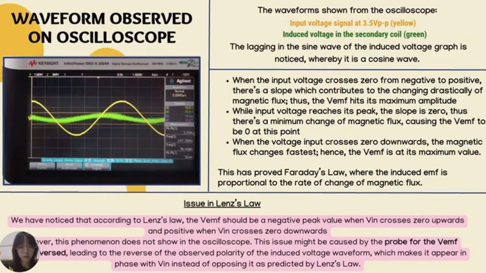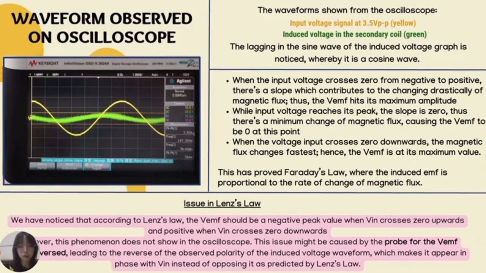This has proved Faraday's law, whereby the induced voltage VEMF is proportional to the rate of change of magnetic flux. However, there's an issue in proving Lenz's law. According to Lenz's law, VEMF should be at a negative peak value when Vin crosses 0 upward, and it should be at a positive value when Vin crosses 0 downwards. However, this phenomenon does not show on our oscilloscope.